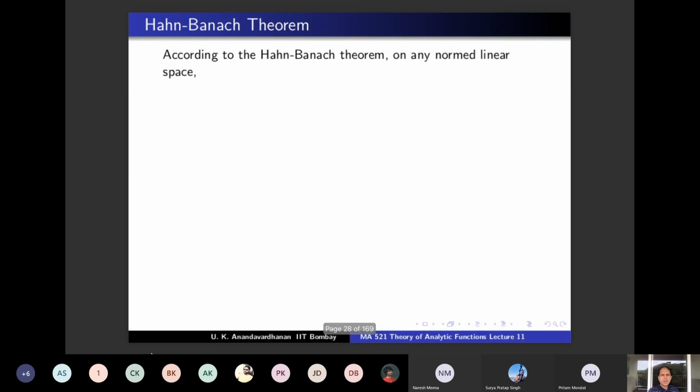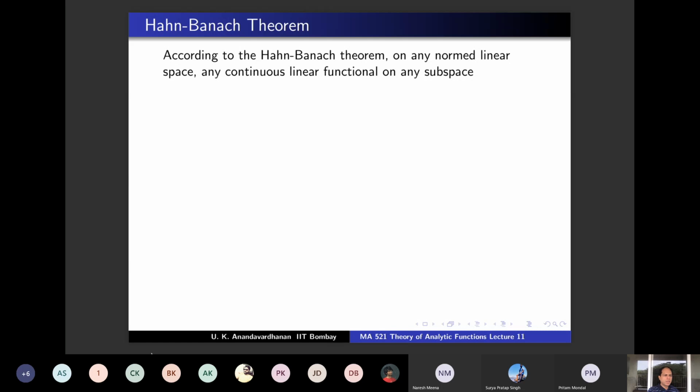The theorem states that on any normed linear space, if you take any continuous linear functional on any subspace, suppose X is your normed linear space and M, the capital M, is a subspace, no conditions, just any subspace. And suppose you have something in M star given.